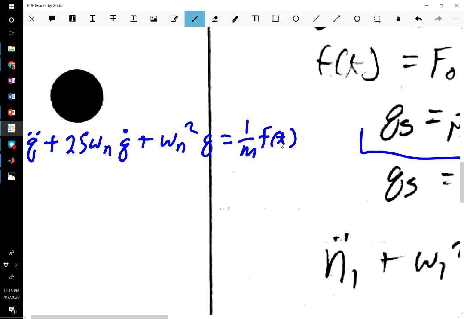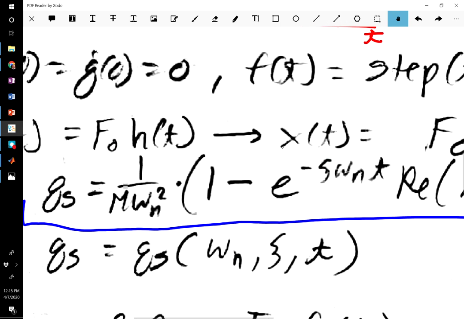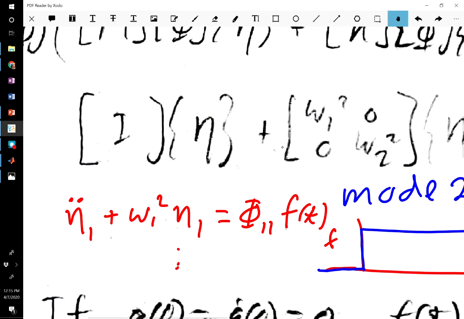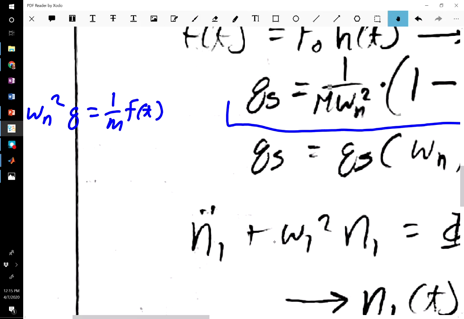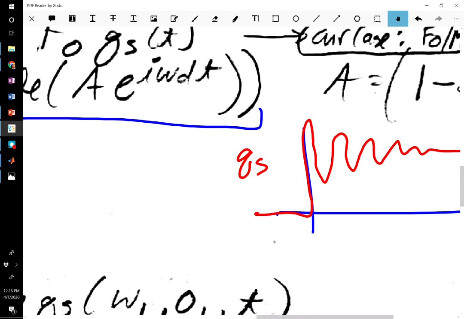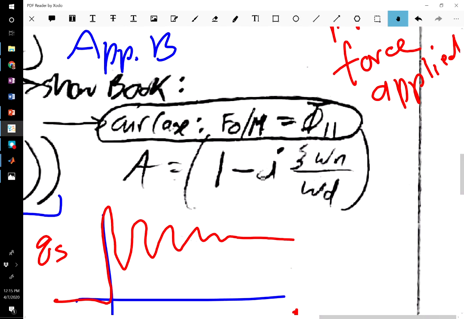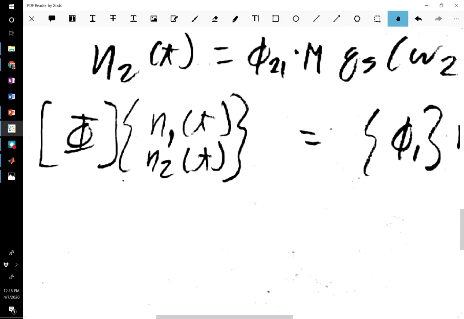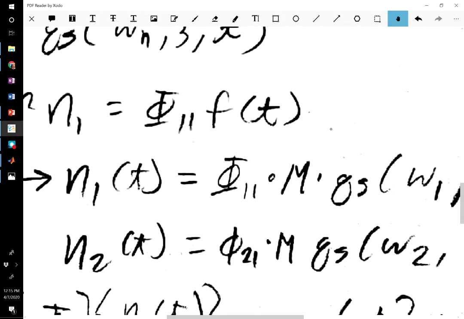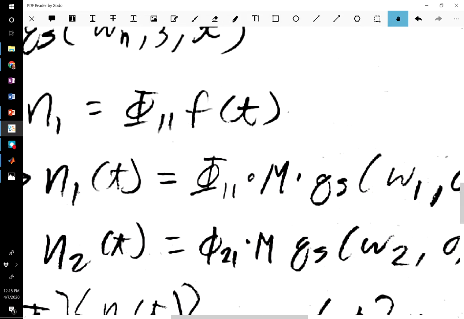So that almost matches with our equation here, but not quite. Our equation, instead of 1 over m, has phi 1 here. So to make this match, we're going to scale the force. We're going to replace the force, F naught over m, with our constant phi 1. So the response that we get for eta 1 would be scaled by phi 1 here.